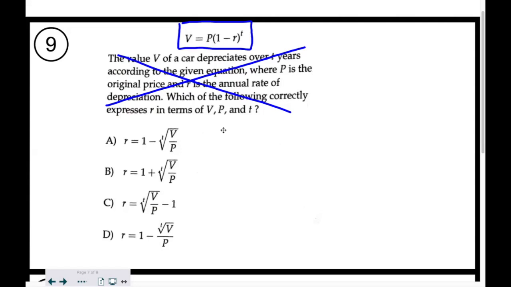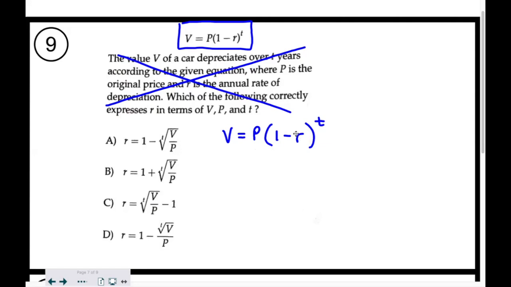What you need to know how to do is start with the formula or equation, and rearrange it to get r by itself, as quickly as possible or in the least number of steps. The first thing I would do is divide everything by p.